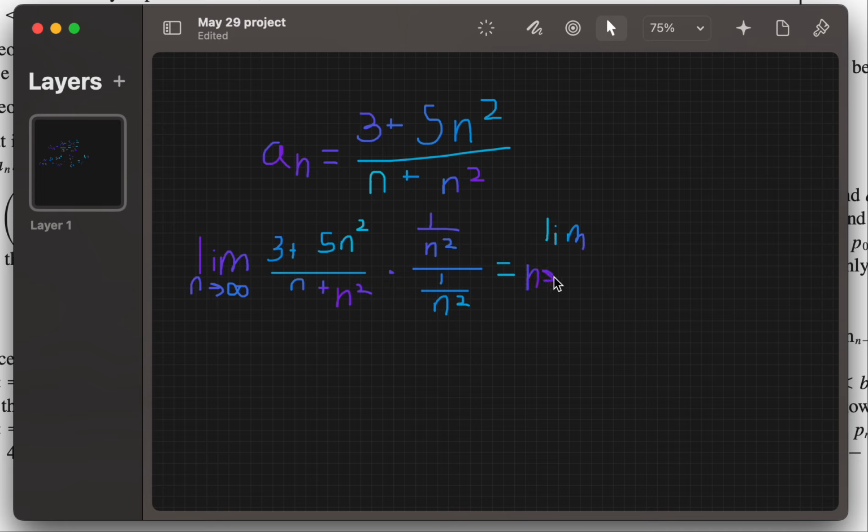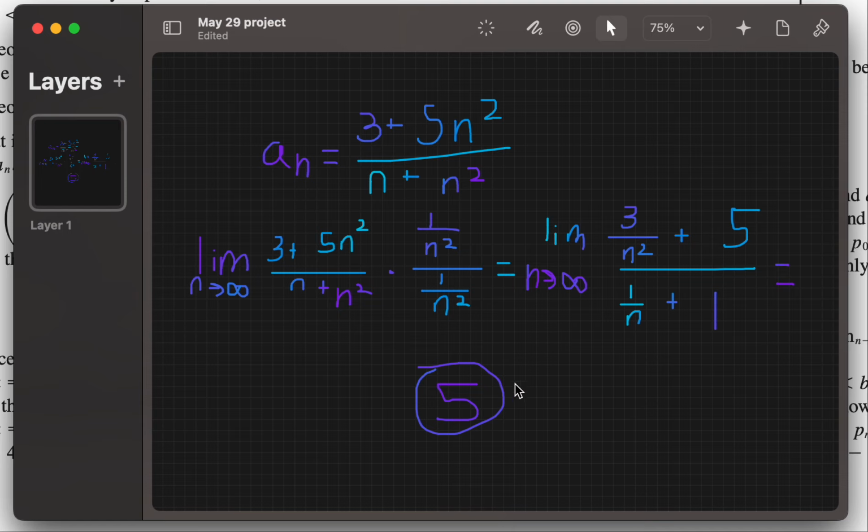As the limit goes to infinity, that would leave us with 3 over n squared plus 5, all over 1 over n plus 1. And so, as you can see, as n goes to infinity, 3 over n squared is 0, and 1 over n would also be 0, so you end up with 5. So this converges to 5.